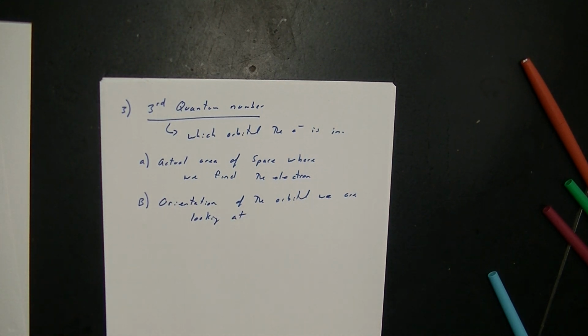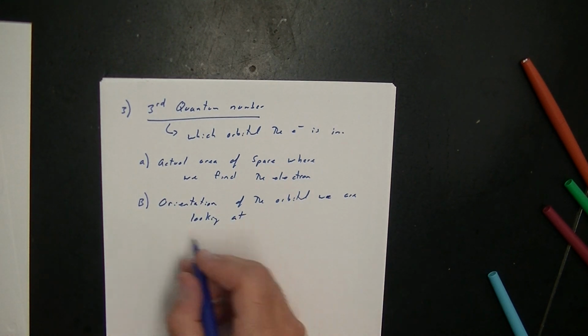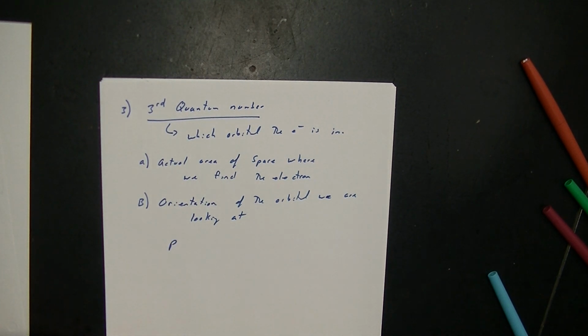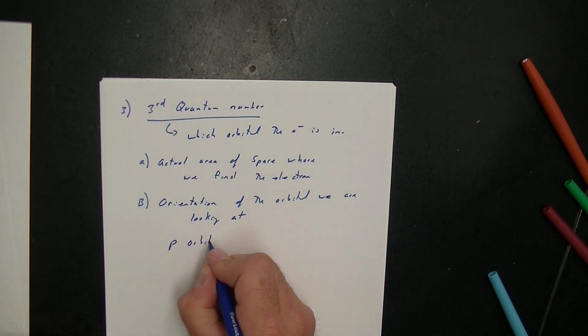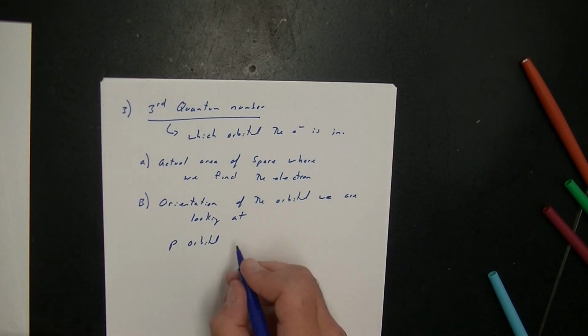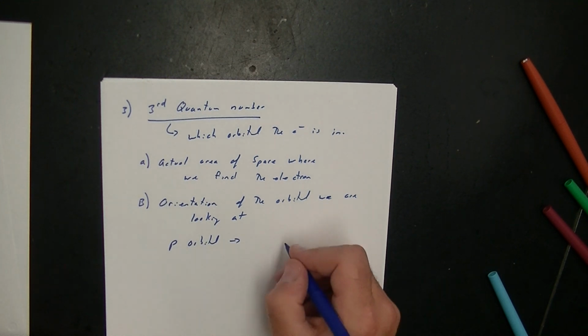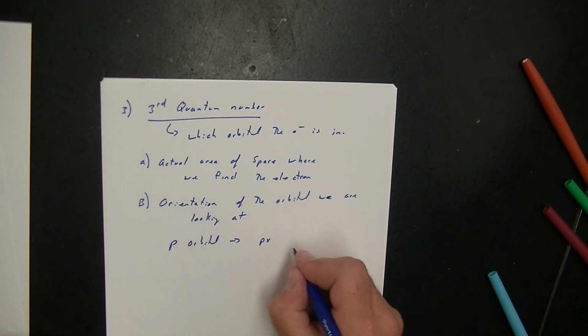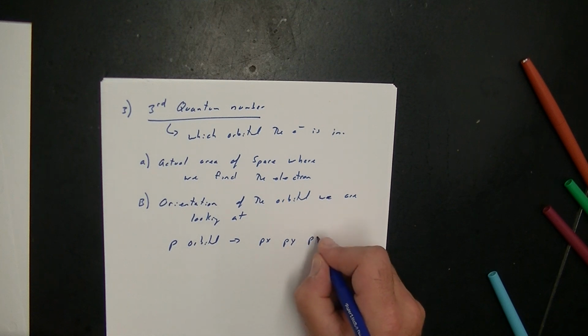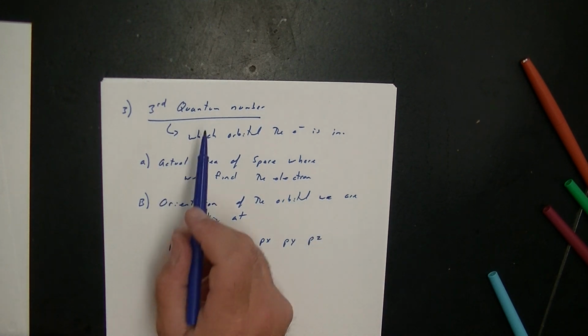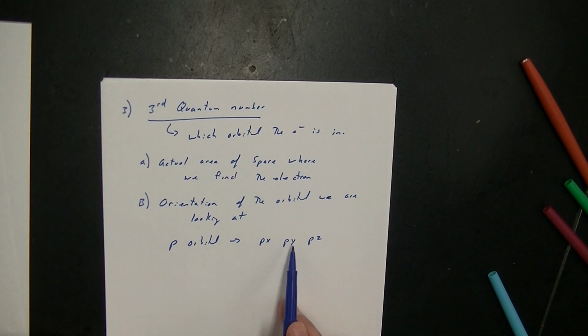Now let me explain. Remember, if we have a p orbital, that tells me that we have px, py, and pz. What this third quantum number is telling me is which one of these orbitals it's in. That's all it's telling me.